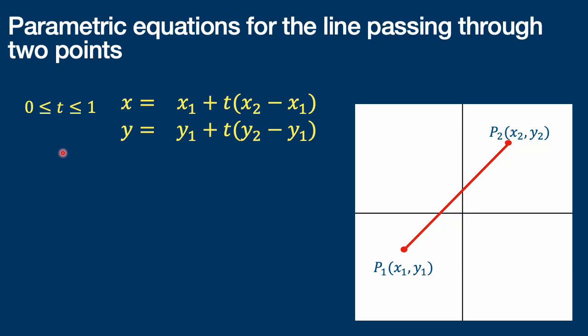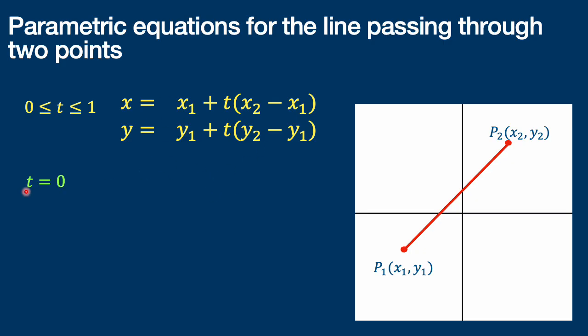So here is x, here is y, the parametric equation to represent this curve. x equal x1, that's the initial point, plus t times (x2 minus x1). y is going to be y1, the y value of the initial point, plus t times (y2 minus y1).